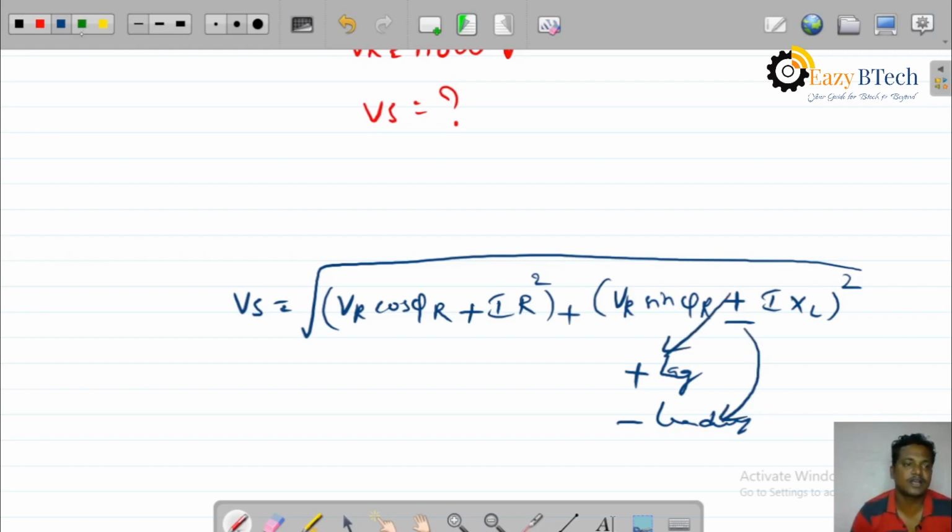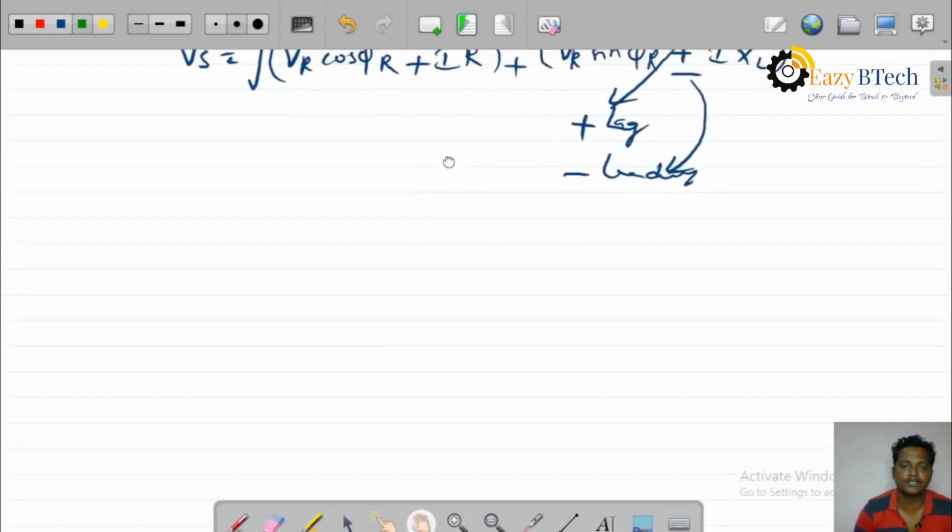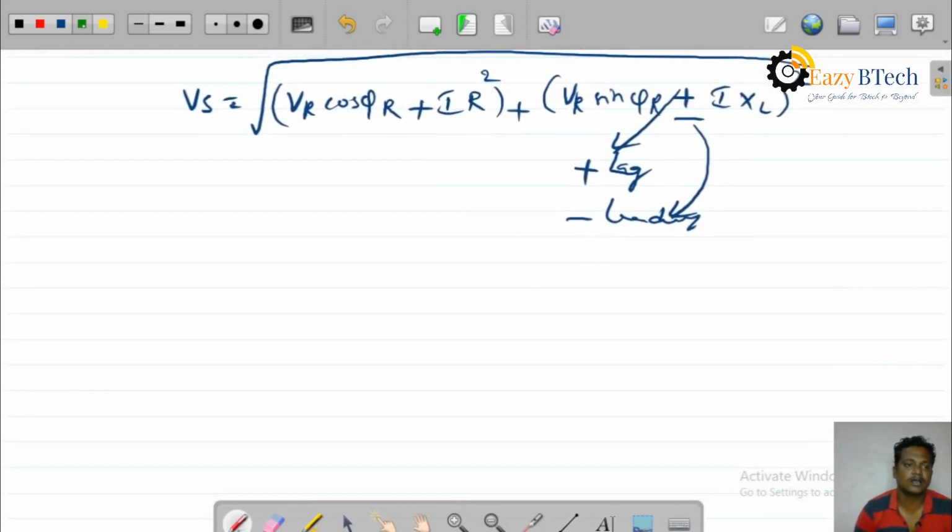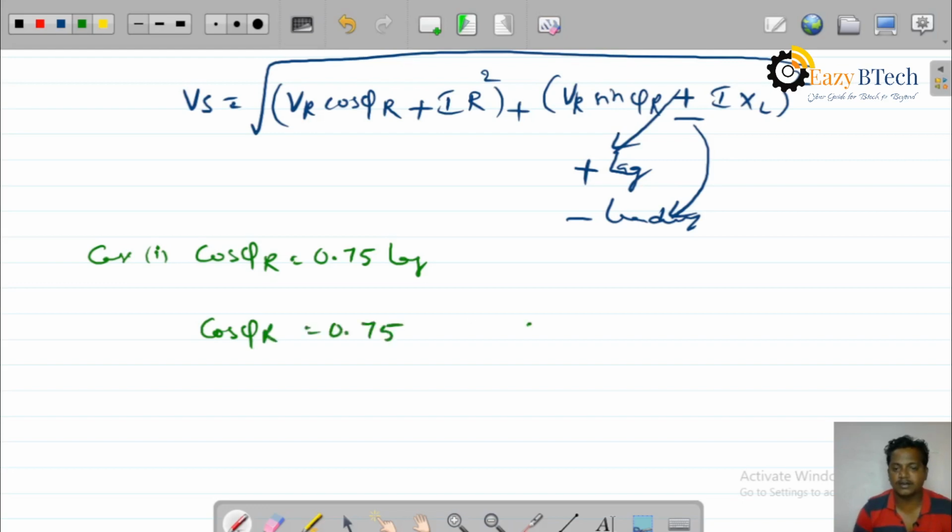First I will calculate case 1, which is lagging. Case 1 is cos phi r equals 0.75 lagging. Then sin phi r equals sin of cos inverse 0.75, and you get 0.6614.